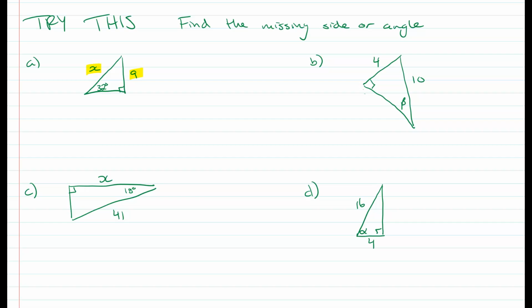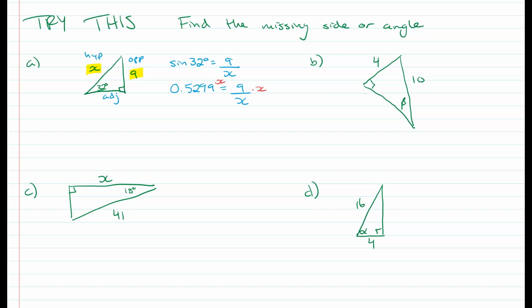Okay, let's take a look. I'm going to label this triangle: opposite, adjacent, hypotenuse. I have an opposite and I want a hypotenuse, so I'm going to use sine. Sine 32 equals 9 over x. I find the ratio on my calculator to 4 decimal places. Then I do some algebra.